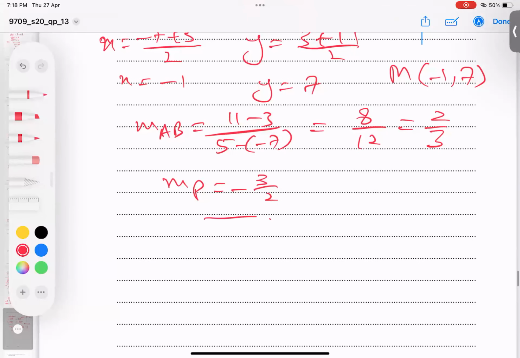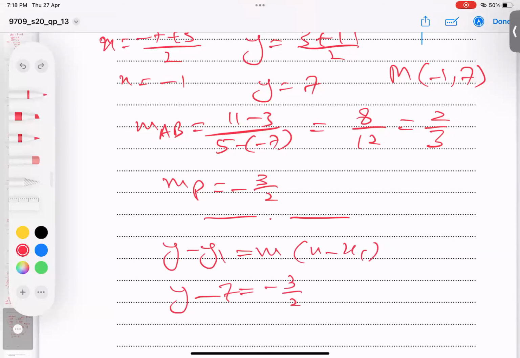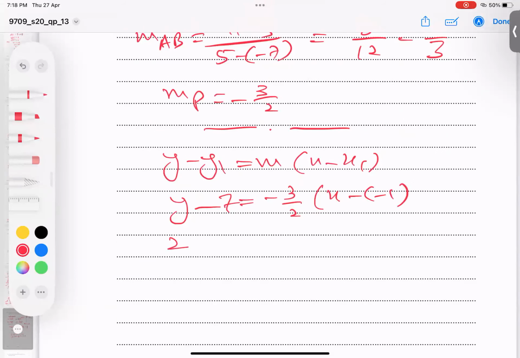So when I use the midpoint and this one, y minus y1. So M is this, yes. And y1 is 7, and x1 is -1. And this 2 multiplies there, 2 into y, 2y, 2 7s are 14.